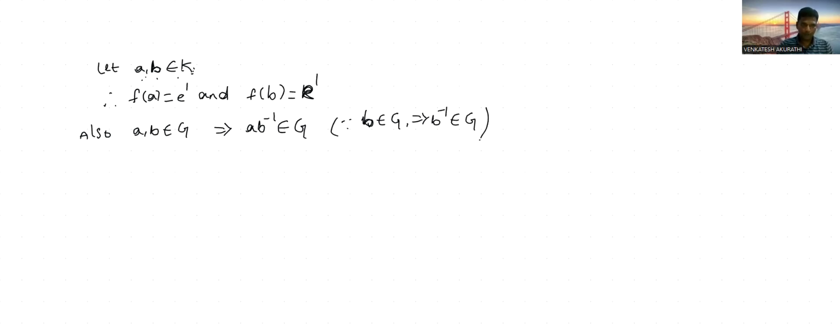A, B belong to capital G. By closure law, A into B inverse also belongs to capital G. Since B belongs to capital G, B inverse also belongs to capital G, by the inverse condition.